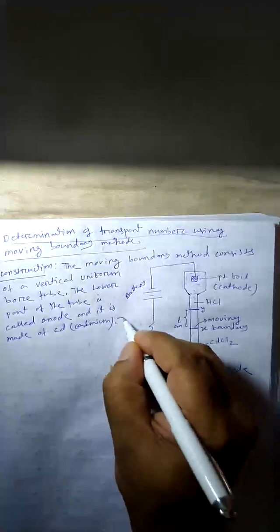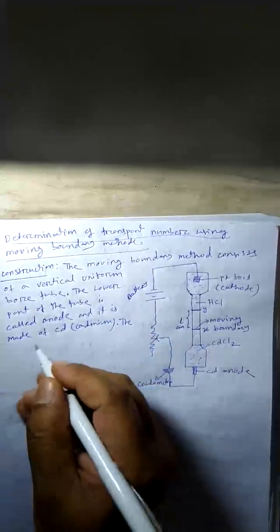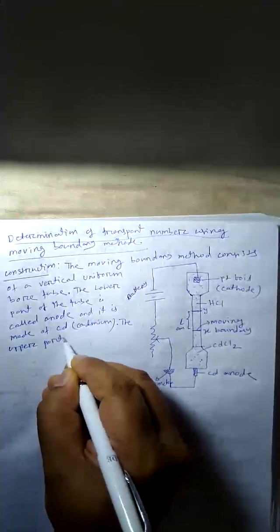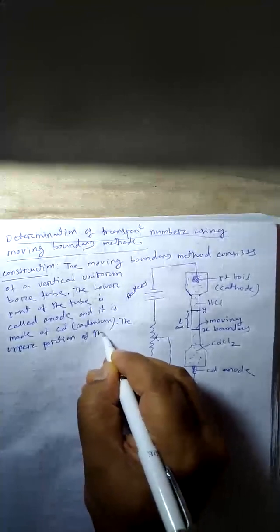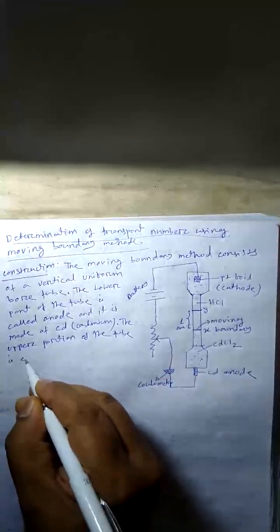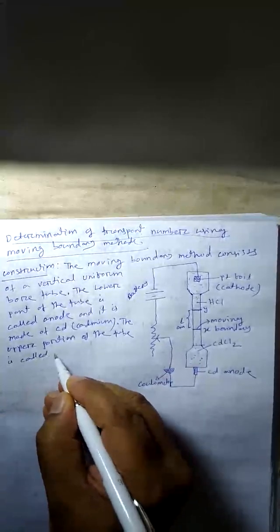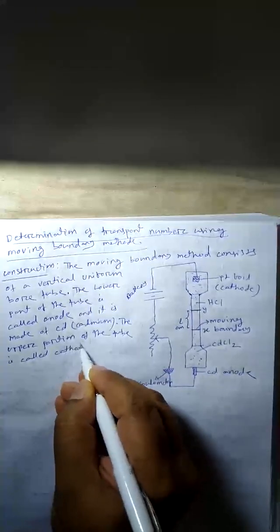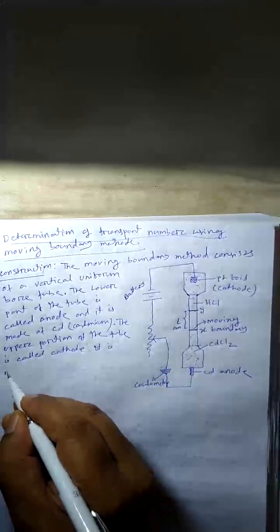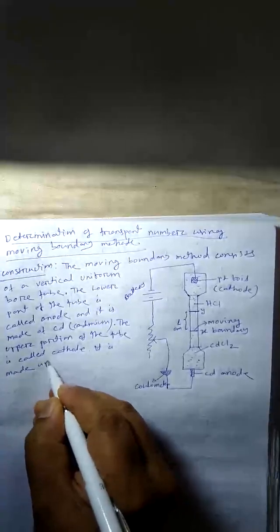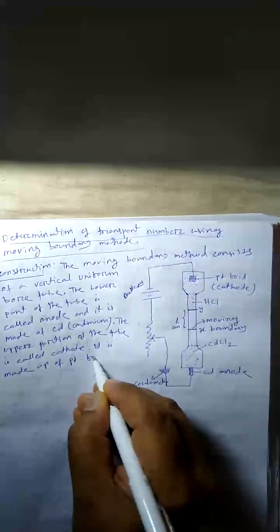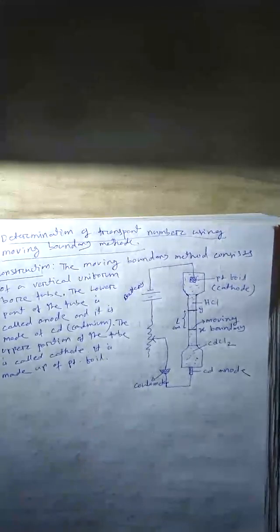Then the upper portion of the tube is called the cathode, and it is made of platinum foil.